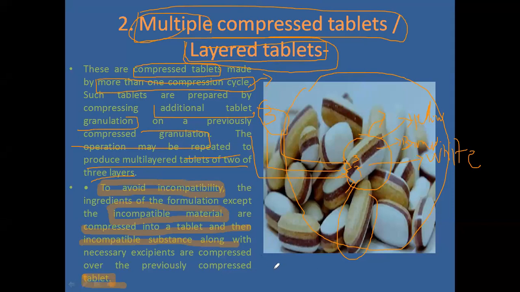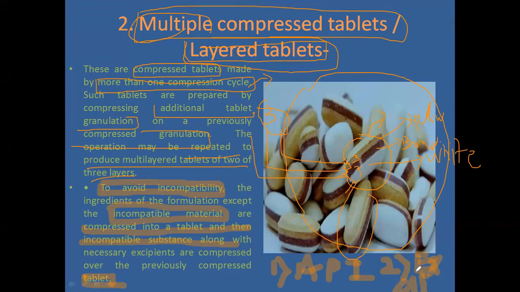Means first step, what is done? You are going to only compress the API. Okay. And in the second step what are you going to do? You are going to compress the excipients. Anything which you add apart from the API, that is the active pharmaceutical ingredient, is called excipients. Okay.